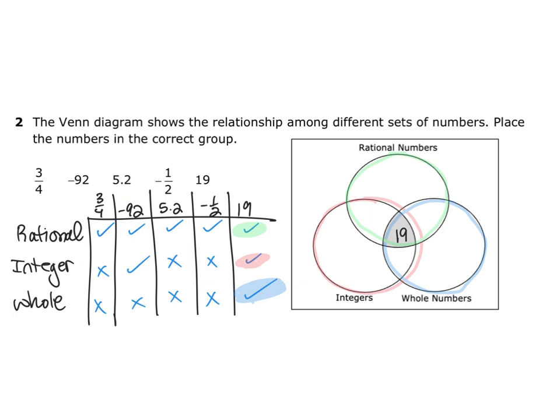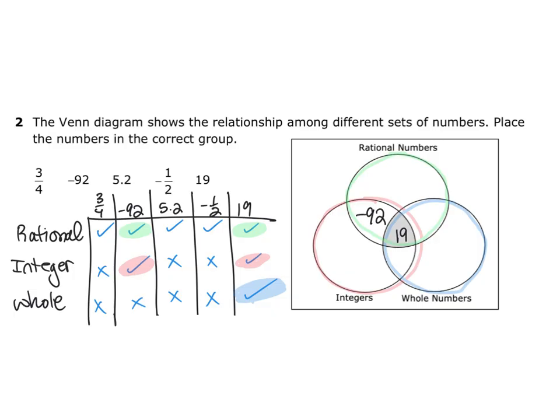Next I'm going to look at my integer row, and I see that on that one I have negative 92. Negative 92 is an integer, and it is also rational. So it needs to go in my red and green regions. Let me change the color of my pen.